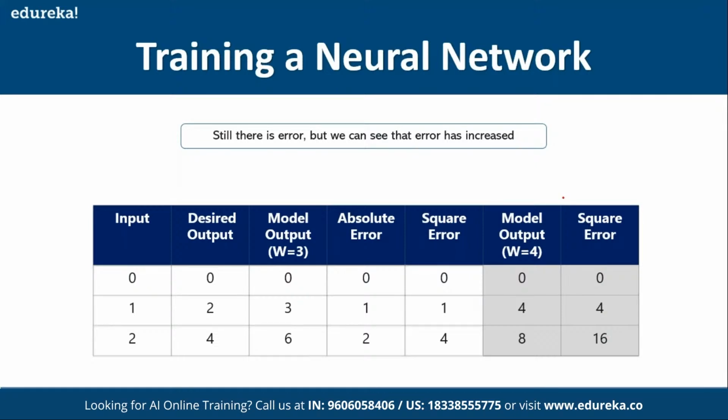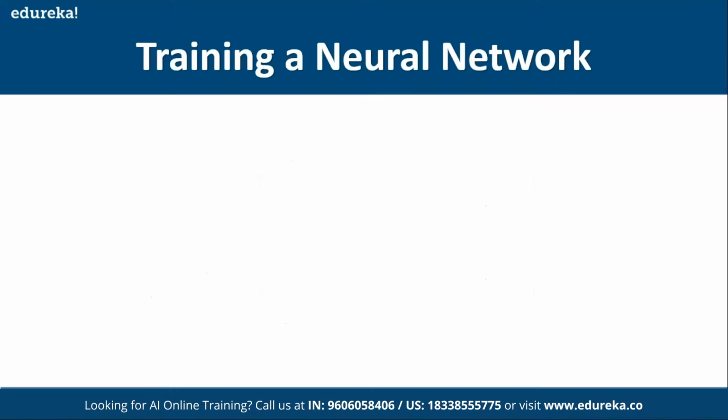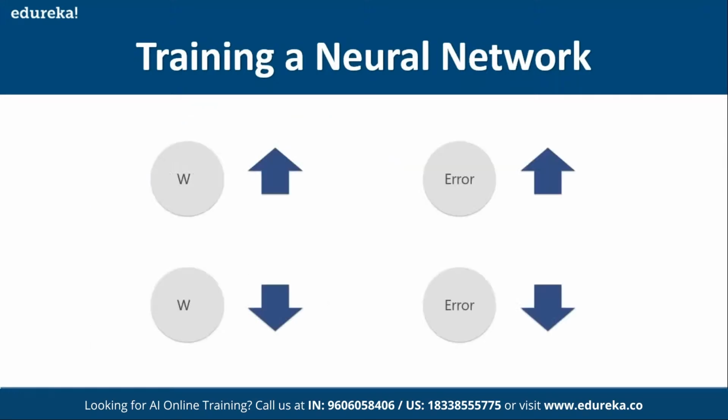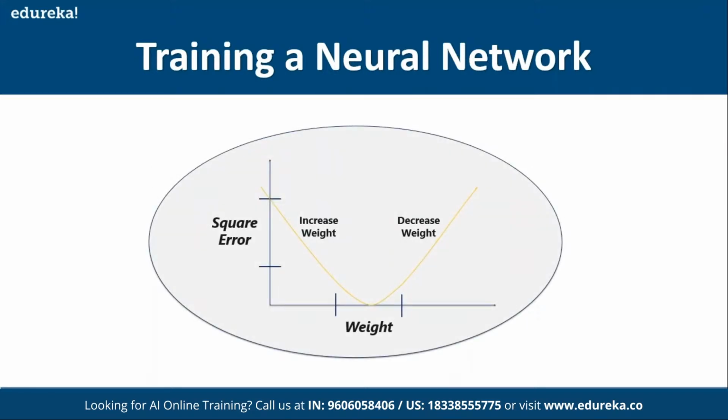I keep changing the weights continuously, like 3, 4, 5, 6, and I see, with the increase in the weight, whether my error is increasing or decreasing. By this I identify a threshold point when I should stop increasing or decreasing.